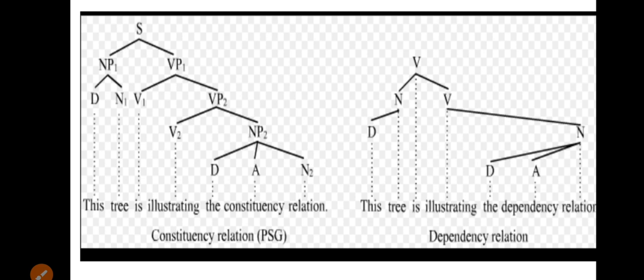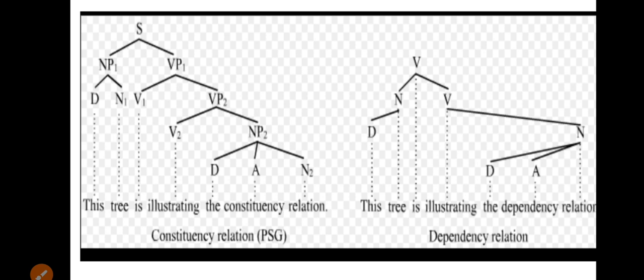Noun phrase is "this tree": "this" is a demonstrative pronoun, that is a determiner, and "tree" is the noun. Then verb phrase: verb 1 is "is", verb 2 is "illustrating", and then verb phrase 2, why? Because of "illustrating" again, so here the verb will be dropped. Then noun phrase 2, the determiner, constituency relation. So that is called constituency relation.